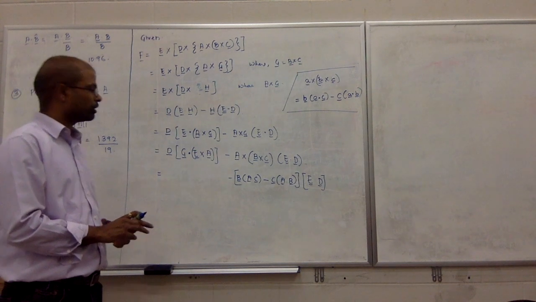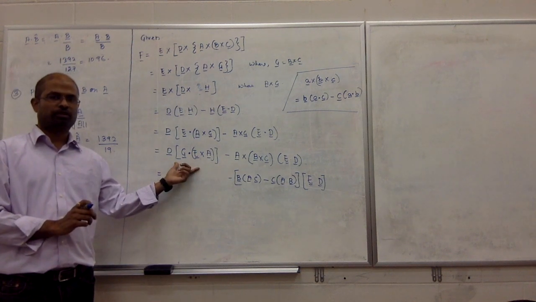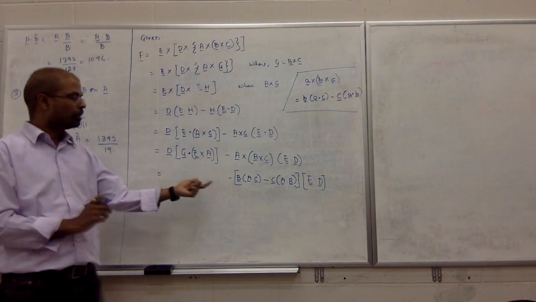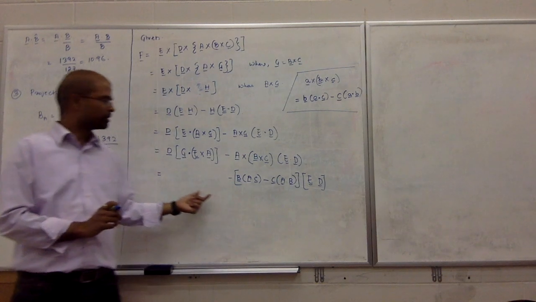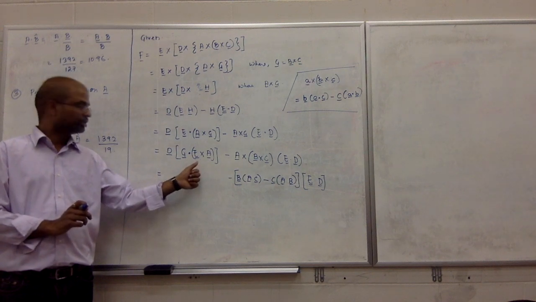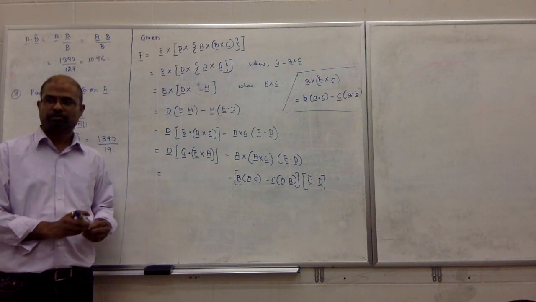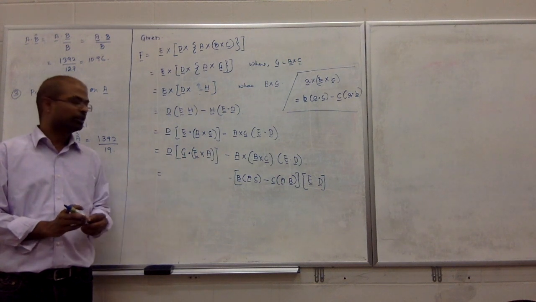The question you are asked is to express it as a dot product. So all this is expressed as a dot product now. What needs to be removed here? The E cross A. You got it? How do you get rid of that?